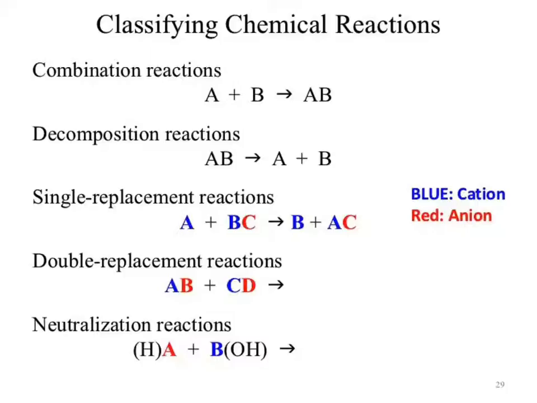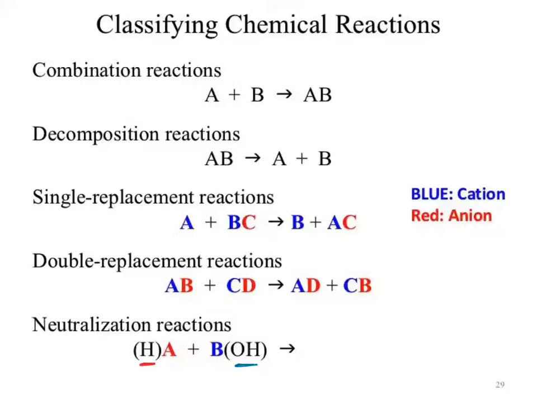Okay, what about the double replacement? We're then, again, with 2 pieces, but each of those pieces has parts associated with it. And when we go through and look at the results of that, we end up exchanging both pieces. Okay? The neutralization, again, 2 pieces. What stands out is kind of different in the neutralization in comparison to all the others? We are specifically referencing hydrogen, and we are specifically referencing hydroxide.